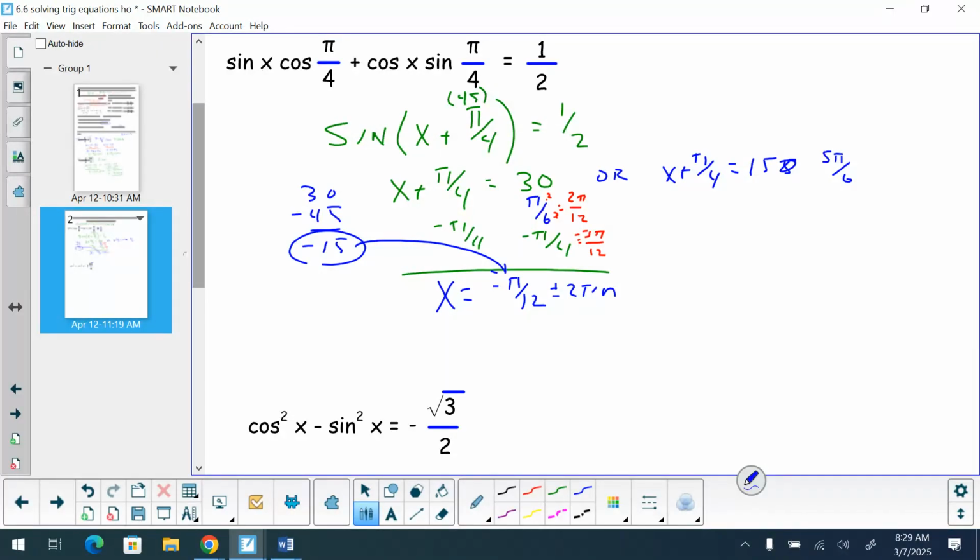Or, to be quite honest, your calculator does a lot of fraction work for you. You could take 1/6 minus 1/4 in your calculator, hit your math button, hit enter, and you'll come down to negative 1/12. That will give you your negative 1 pi over 12. That's another way of being able to deal with that.